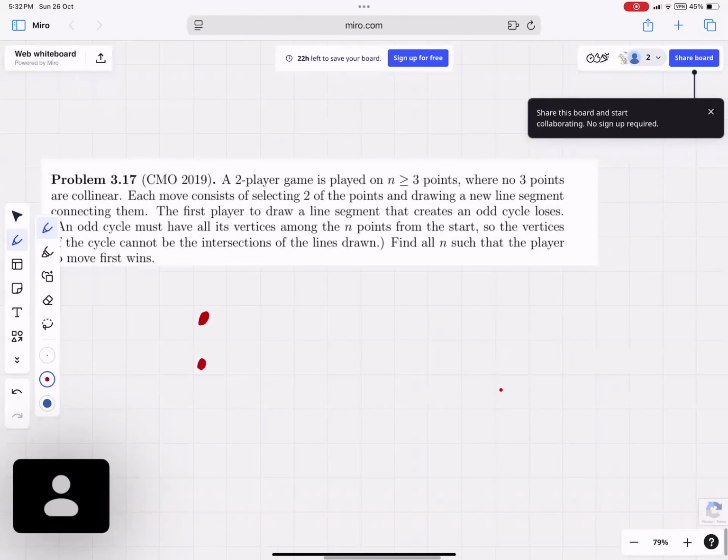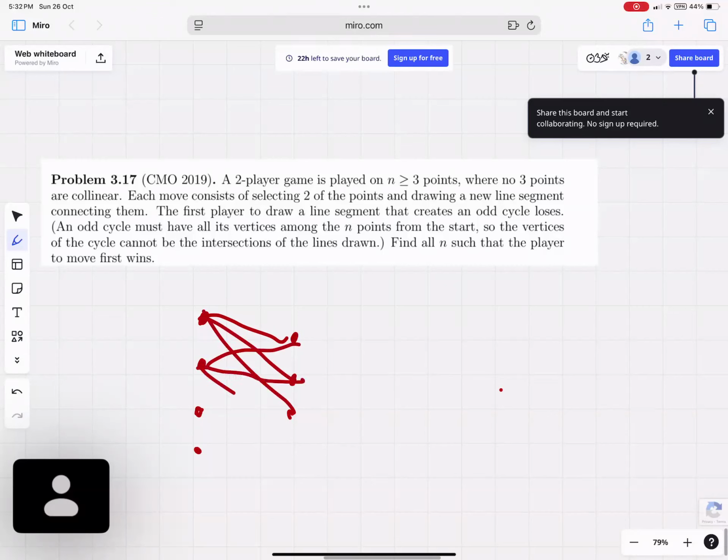So what Arav is saying is, say n is odd, so one of the two parts would be even. So the total number of edges is even. So the person who places the edge that makes it lose is the person who plays the odd turns, or the first player.